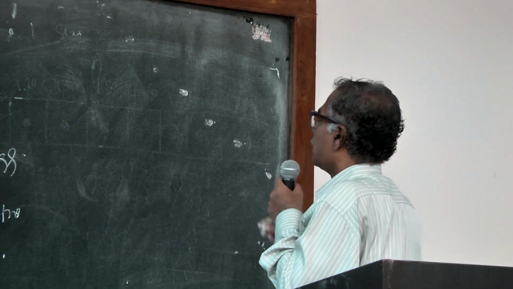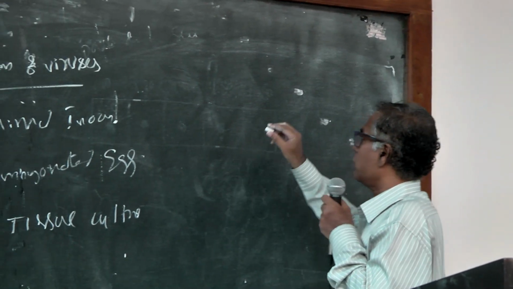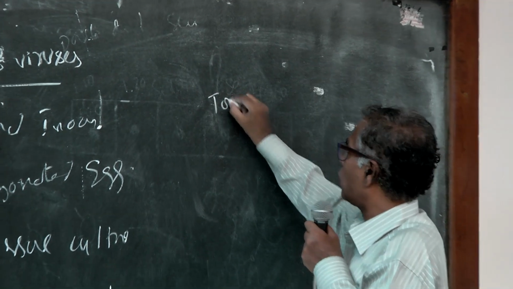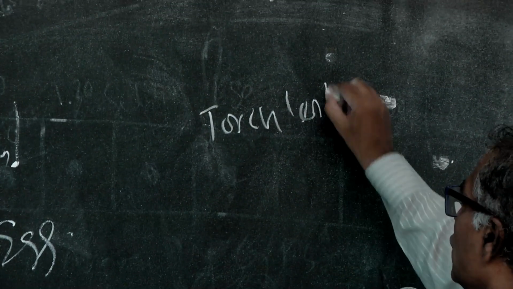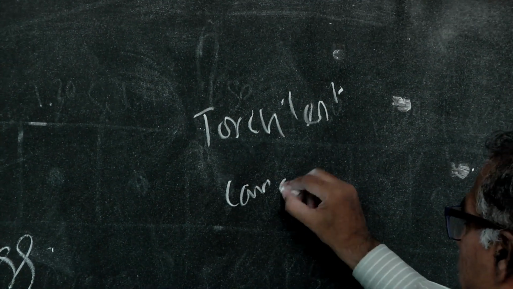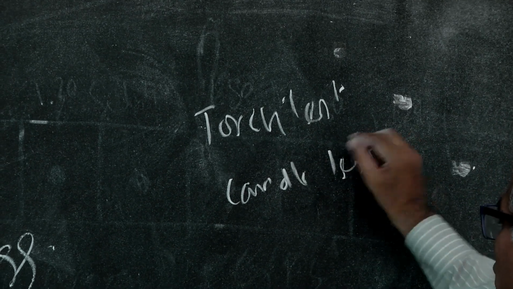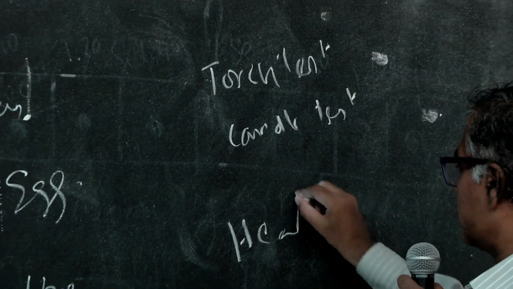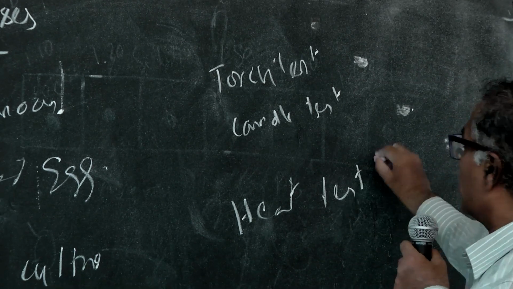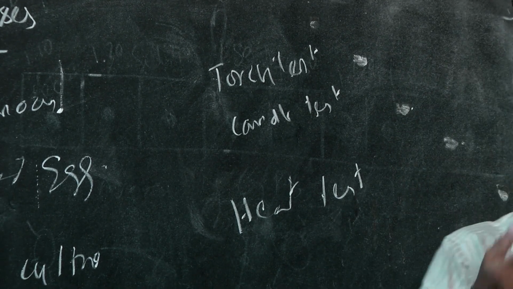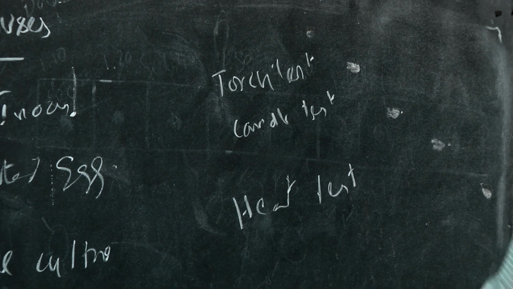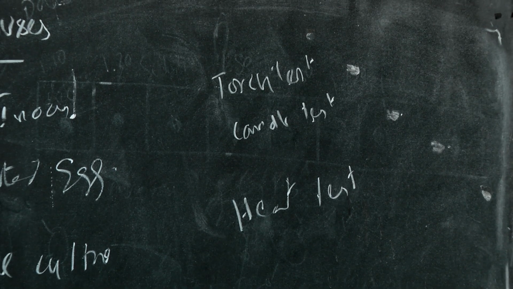So how will you know whether the embryonated egg is alive or not? By doing the torch test or candle test, and another is the heat test. In the torch test, when we see the embryonated egg in a dark room against the torch, we can see a black spot.